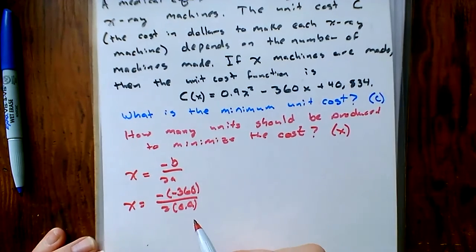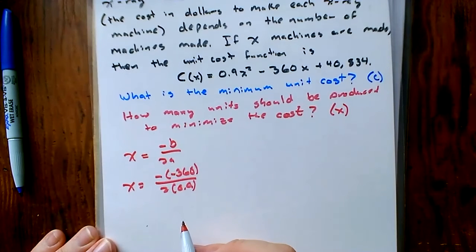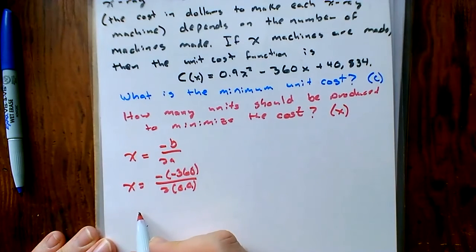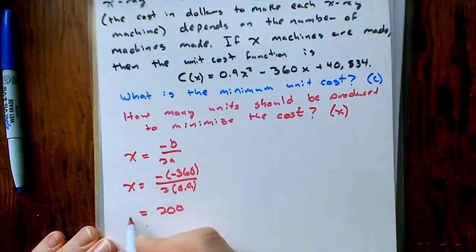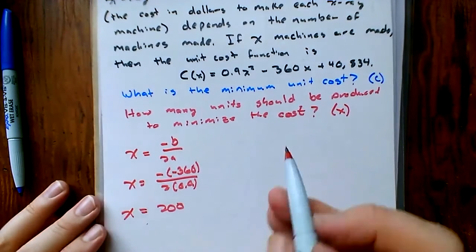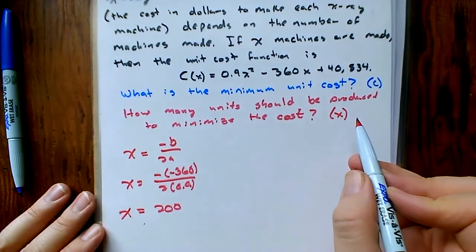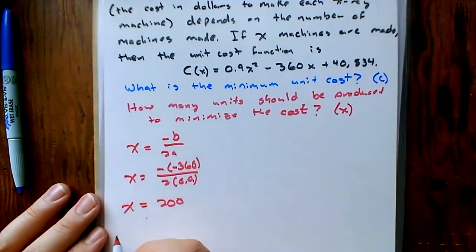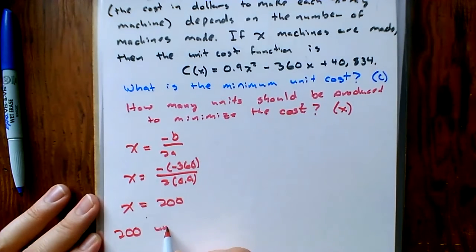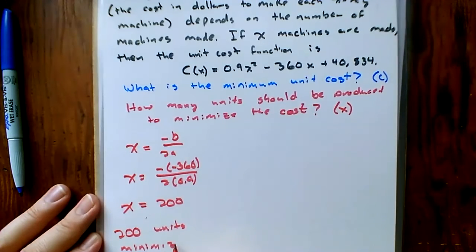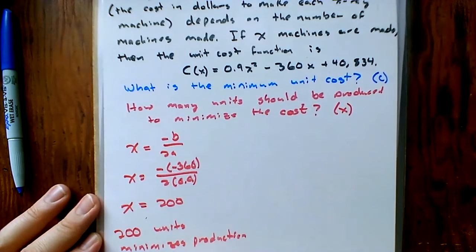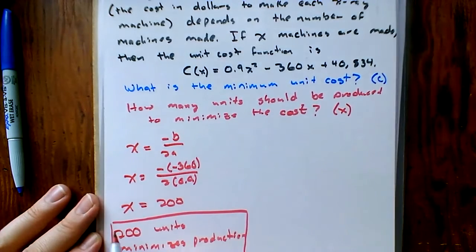That's 360 divided by 1.8. And that looks to me like we'll have 200. So 200 units minimizes the cost of production.